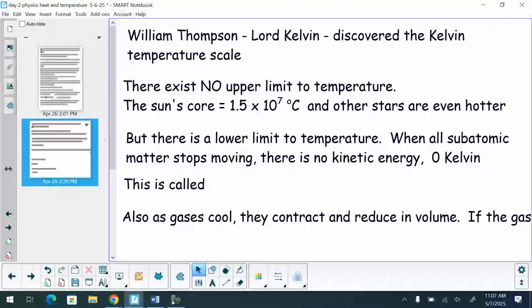But there exists a lower limit to temperature, where all subatomic matter stops moving. There is no kinetic energy. This happens at 0 Kelvin.